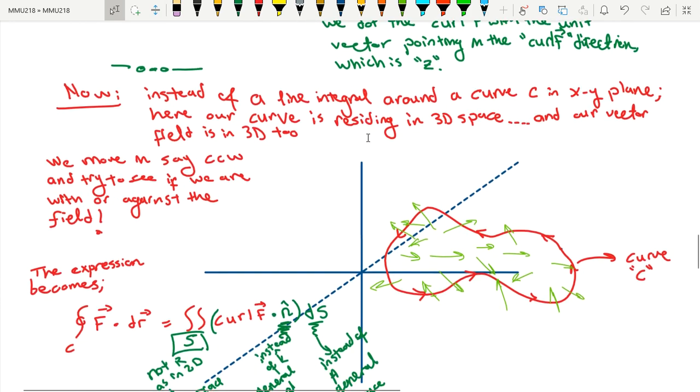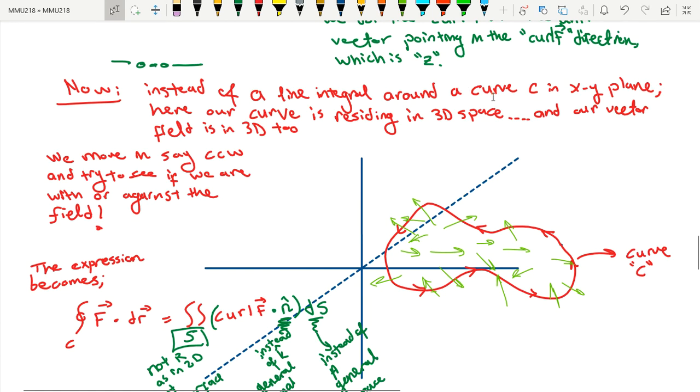Now, instead of a line integral around the curve in the xy plane, if, for example, our curve is residing in a three-dimensional space. So instead of a two-dimensional curve, I have a three-dimensional curve, okay? And let's say I'm gonna again move in a counterclockwise direction, and I have a vector field that is also in three dimensions.